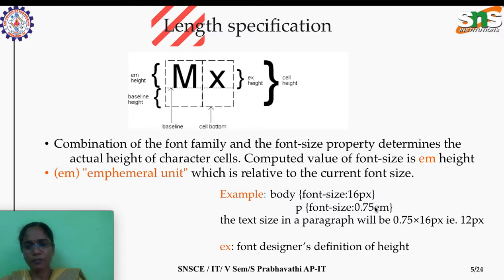EM is related to the current font size. Currently the paragraph font is 16 pixels, but we have overridden this 16 pixels by mentioning the paragraph font size as 0.75 em. So this value is related to its parent value: take the parent value and have it as three-quarters of that.